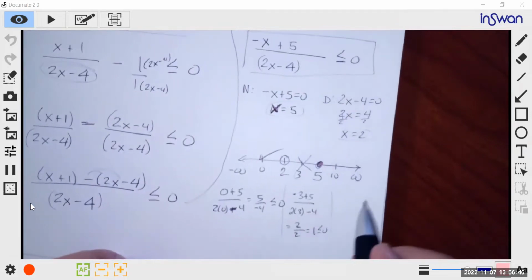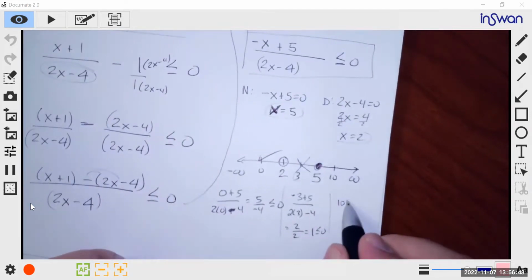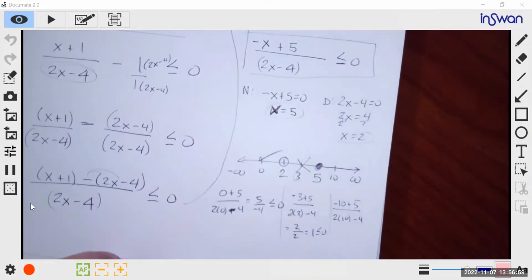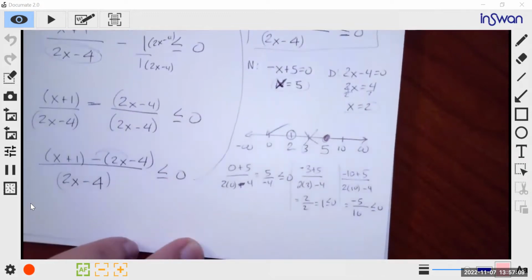And 10: negative 10 plus 5 over 2 times 10 minus 4. Negative 10 plus 5 is negative 5, and 20 minus 4 is 16. Is negative 5 over 16 less than 0? Yes.